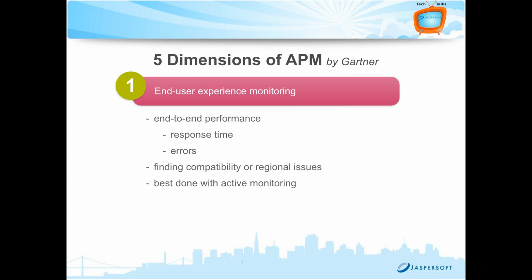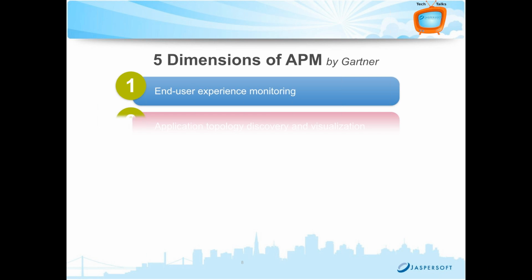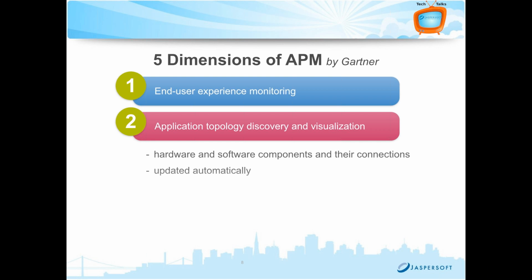So number 1 is end user experience monitoring. So this is all about looking at things from the user's perspective, looking end to end, looking at the end-to-end performance. What is the response time to the user's requests? Are there any errors coming back? Also check the availability, if the system is running and if the requests from the user are actually answered.